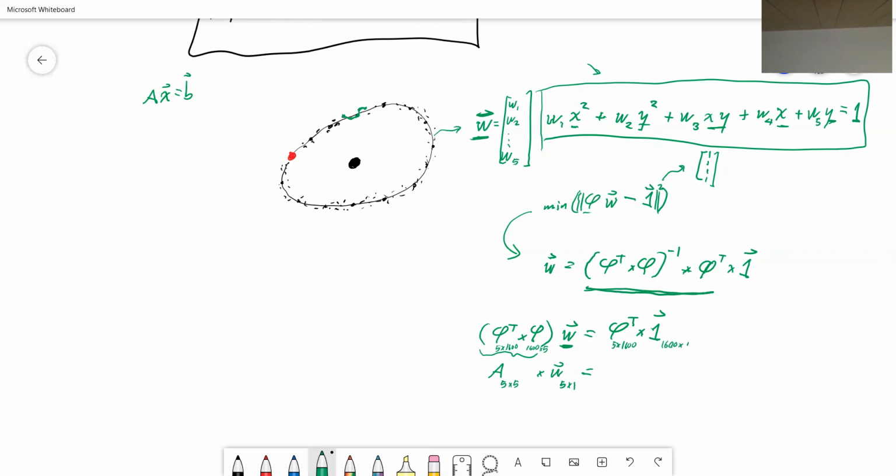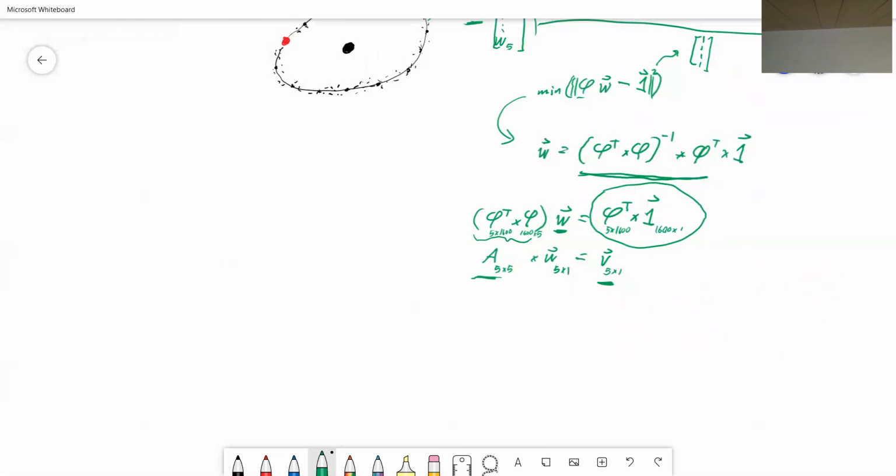This multiplication on the right gives us some vector, I will call it V for vector, that is 5 by 1. So you will have your A, your coefficients, and your constants.